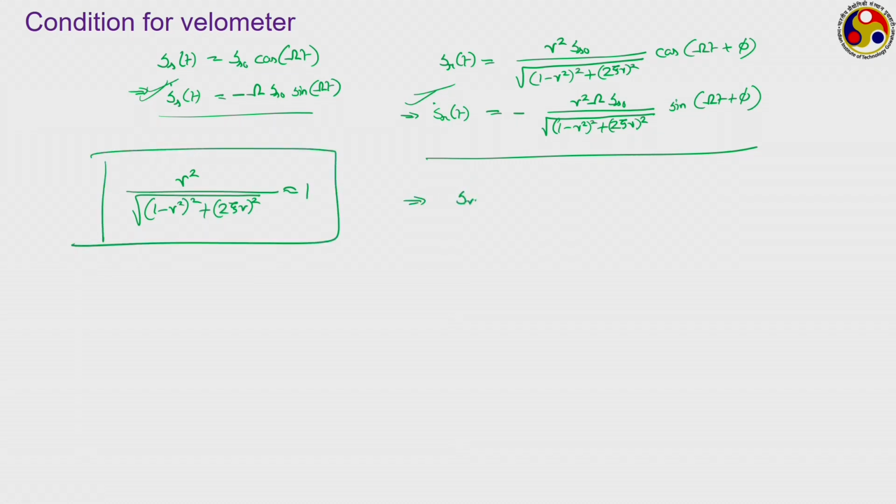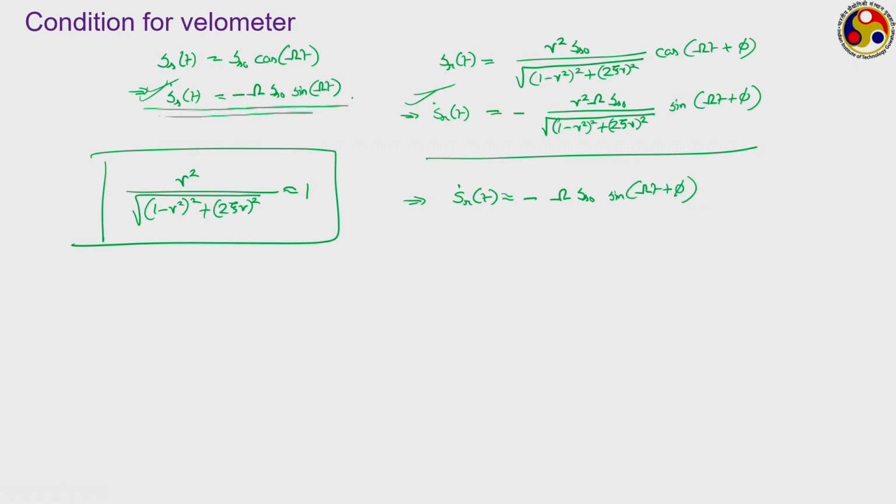So, we have S_r dot nearly equal to, because we are using this nearly equal to condition, minus omega into S_s0 into sine of (omega t plus phi).